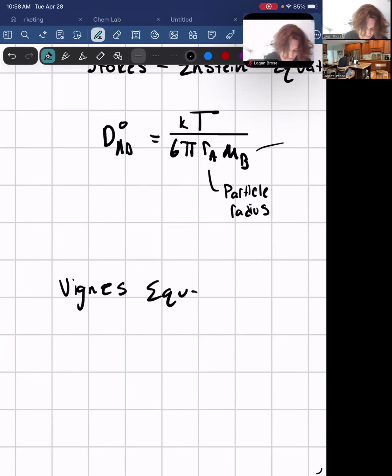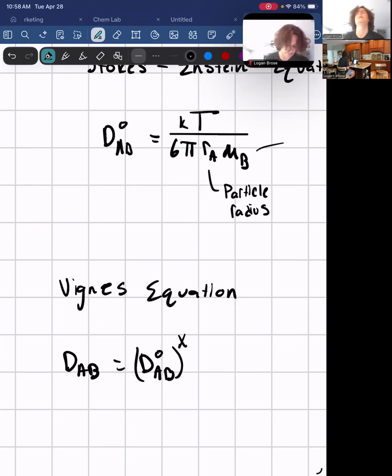So it's our D_AB, our diffusion coefficient, and that's going to equal the diffusion coefficient at standard state, raised to the power of the concentration of the less concentrated mixture, if that makes sense.